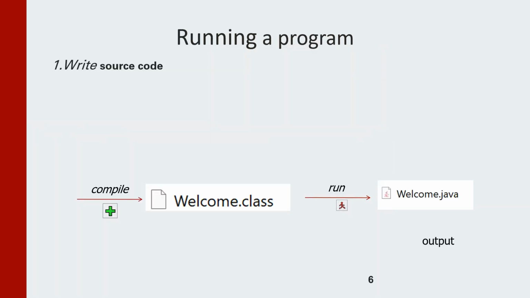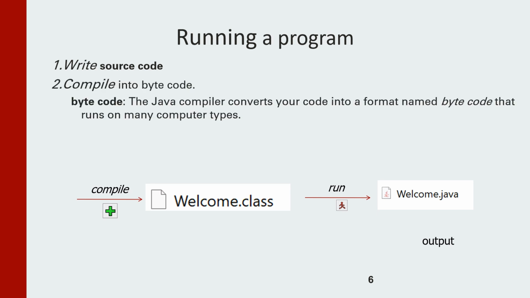Let's go through what actually happened. So now, hopefully everybody's got things running and practically everything is working. So let's talk about what actually happened. When you write that welcome.java file, you're writing source code. And then when you do javac welcome.java, you compile your high-level code into bytecode.